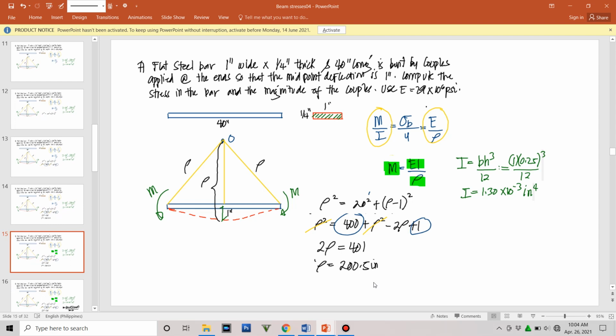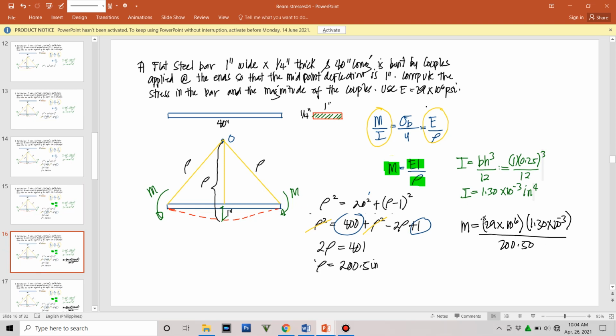So little by little we have completed the variables that we need in order to come up with the magnitude of the couple, and that is M. So we simply directly substitute all of those values.